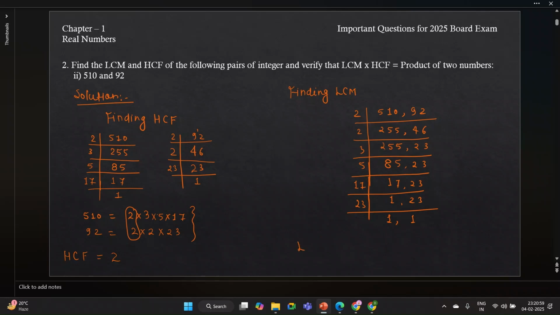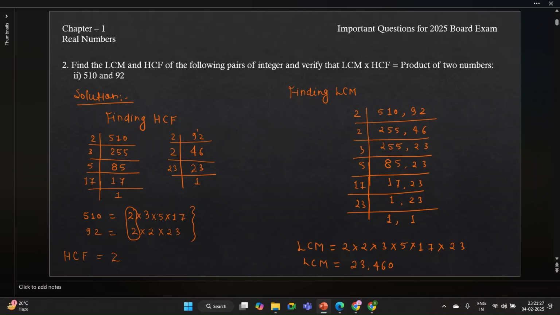LCM would be 2 times 2 times 3 times 5 times 17 times 23. If you do it, you will get 23,460. I calculated that previously. Okay, that's why I got it. So pause the video and copy it.